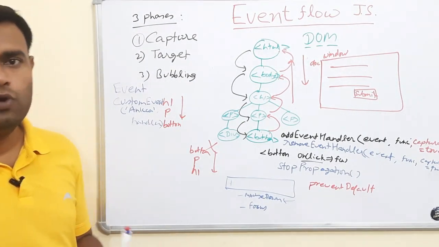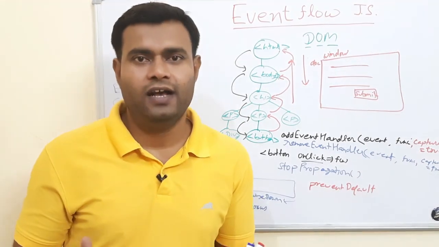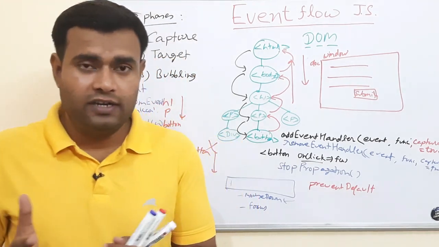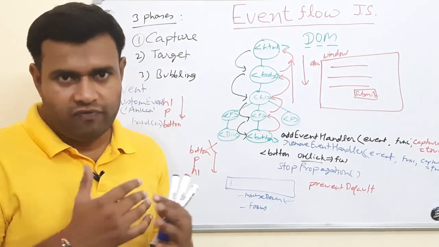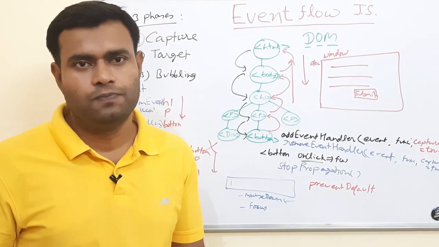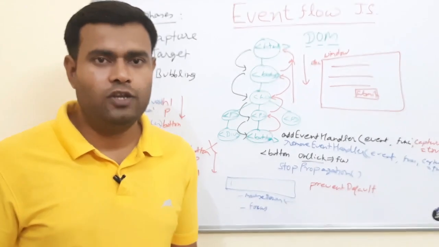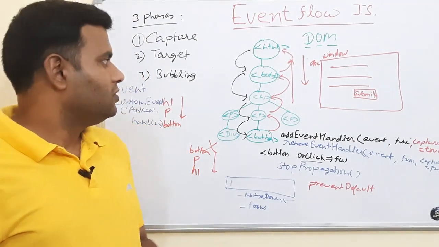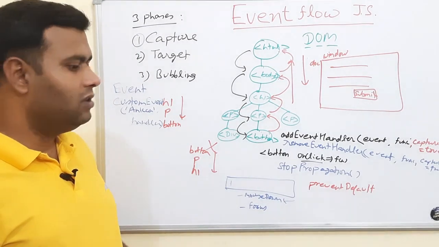So I hope you got a complete idea about event flow, what the different events are, and how they will flow on your web pages and web applications that you create. So let's summarize all the things.